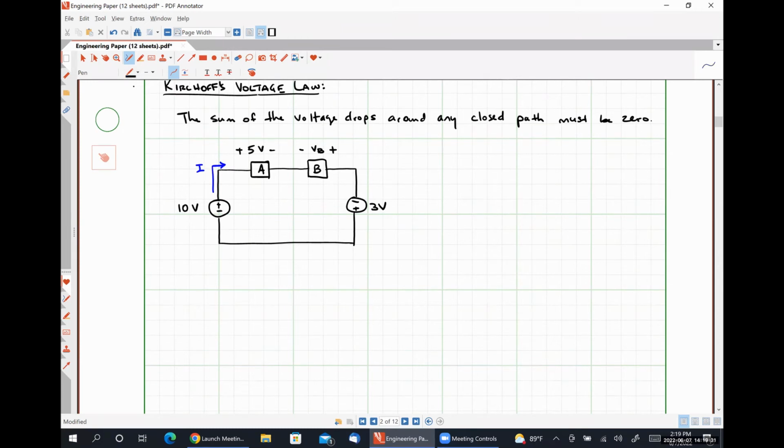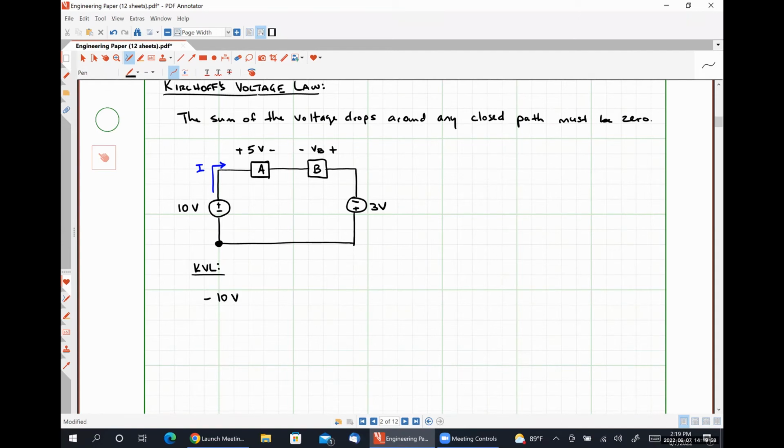So if I were to write a Kirchhoff's voltage law expression for this particular circuit, I typically start in the bottom left-hand corner, and then I follow the current around. Since the current I is flowing into the negative polarity terminal of the 10-volt source, I would write this as negative 10 volts.